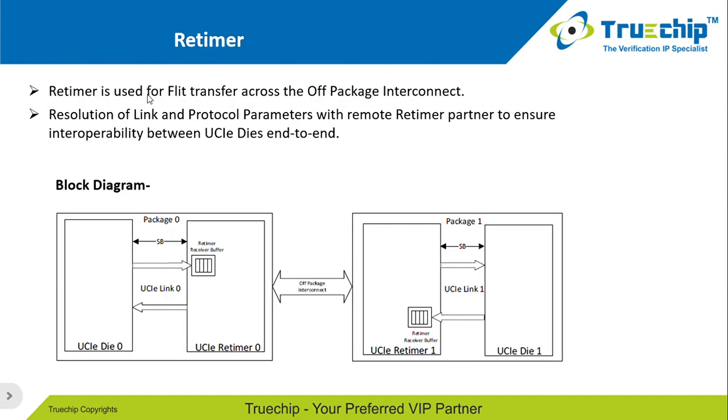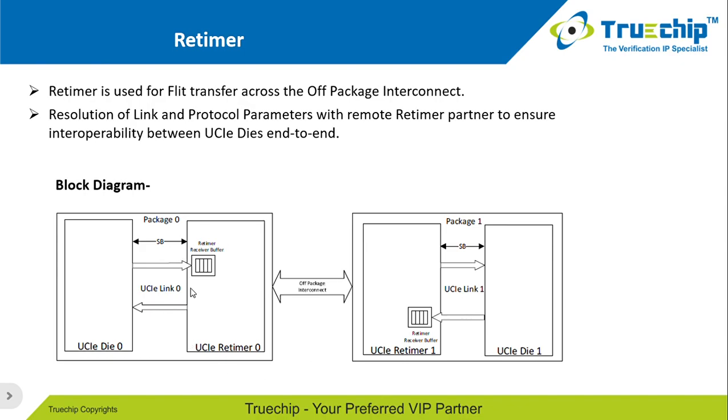So here's the retimer, which is used for flit transfer across the off-package interconnect. It resolves link and protocol parameters with the remote retimer partner to ensure interoperability between UCIe dies end-to-end. Here we can see that UCIe die 0 and UCIe die 1 are connected to each other through this off-package interconnect.